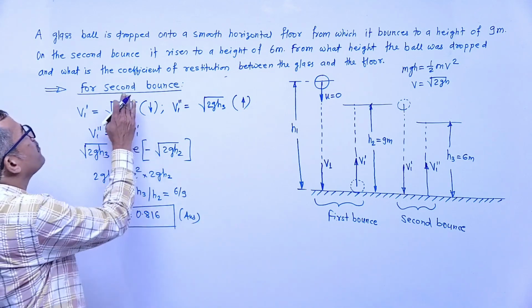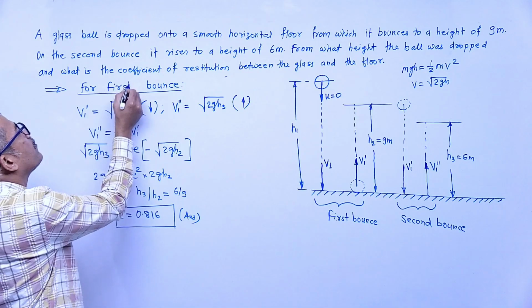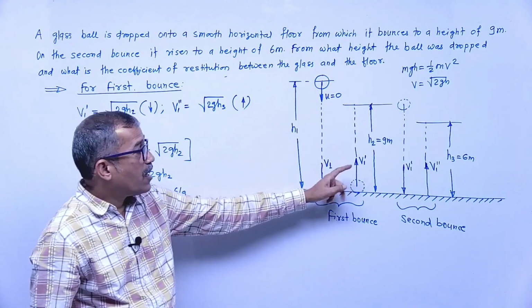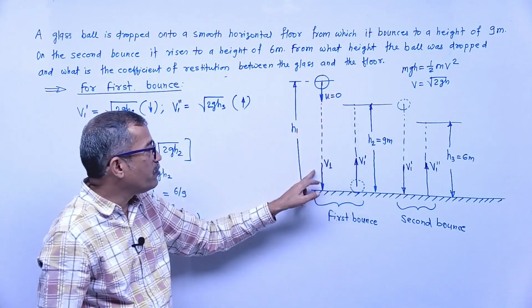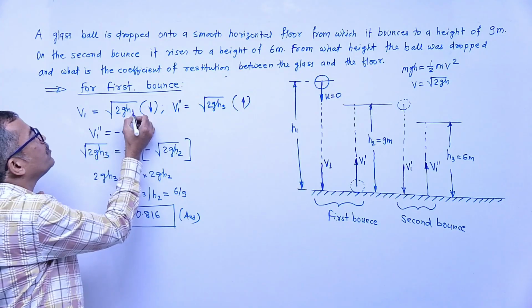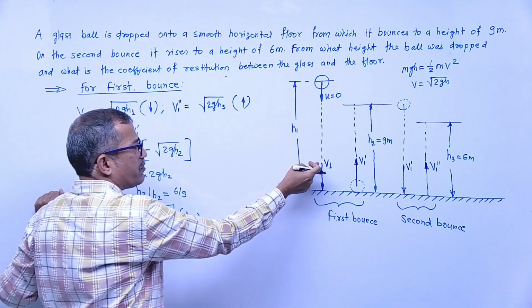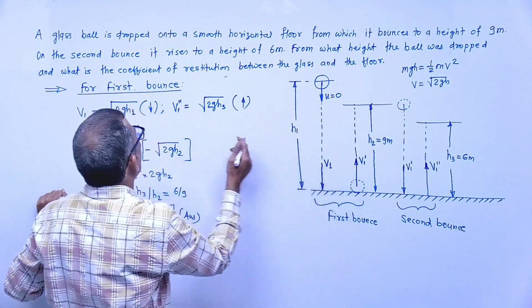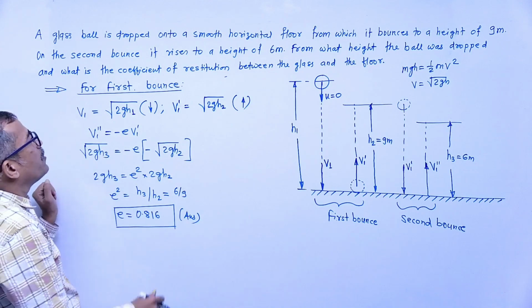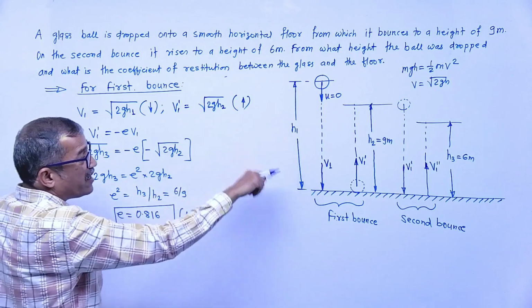Now for the first bounce. V1 before impact is root of 2gh1. V1 dash after impact is root of 2gh2. V1 dash is minus e times V1.